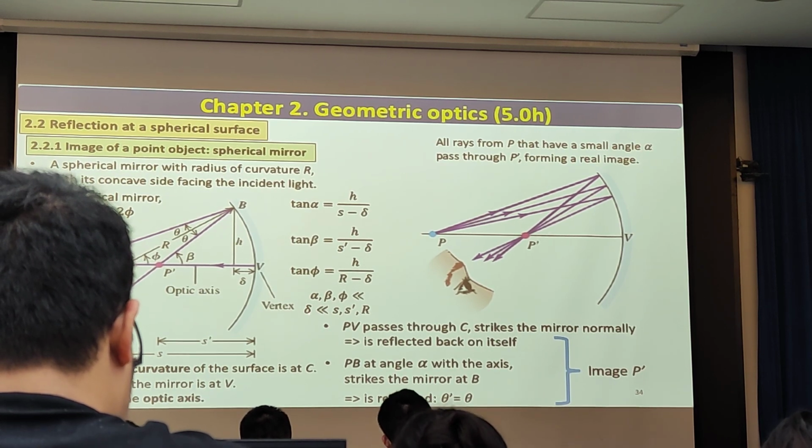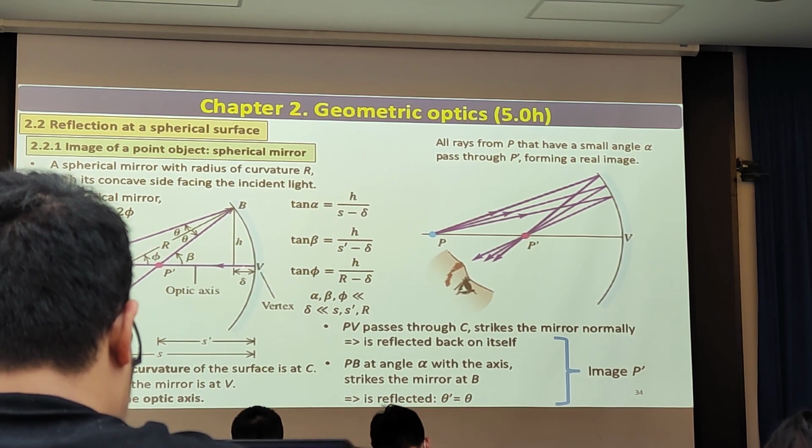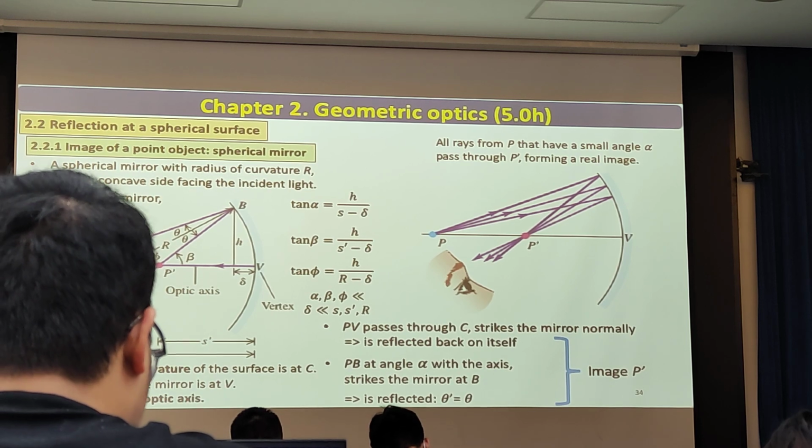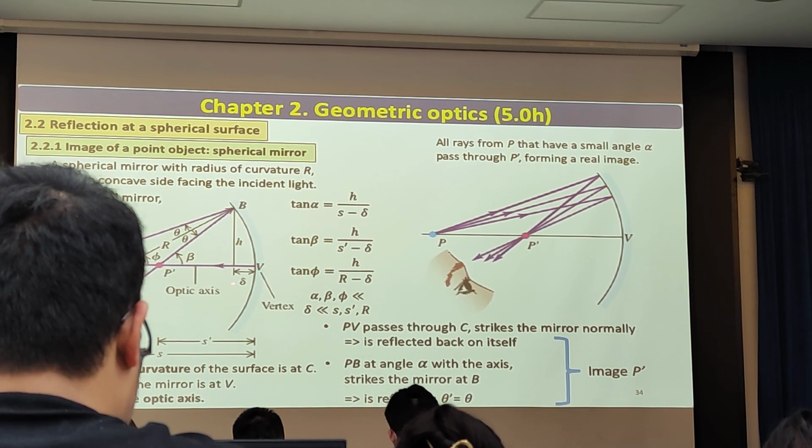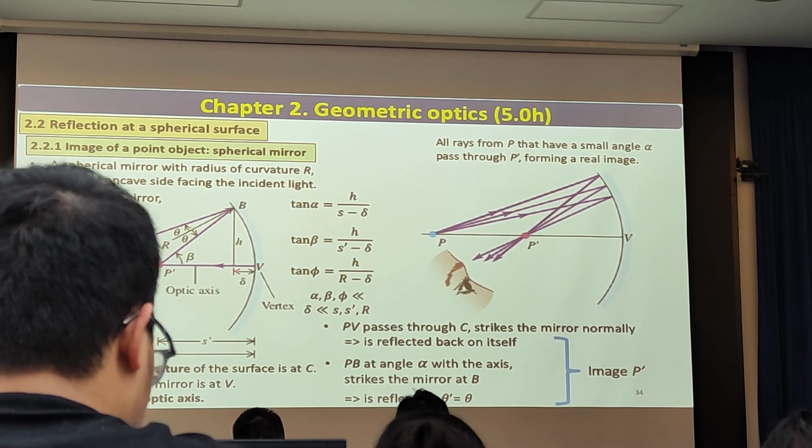And delta is very small compared to s prime and also R. So the position of B is very close to D.